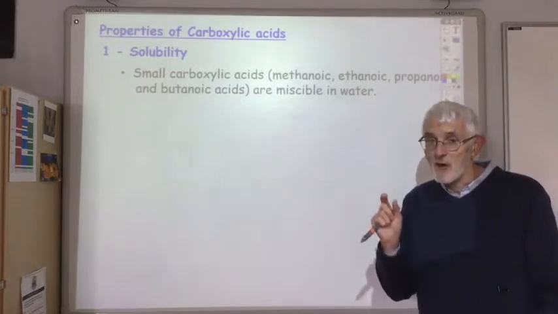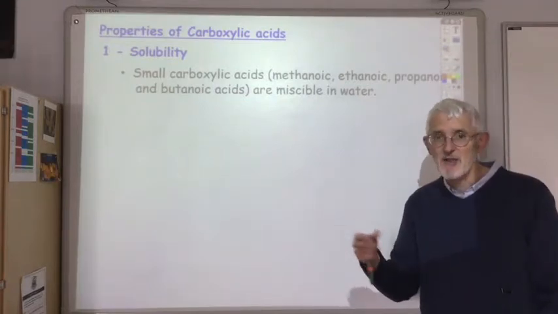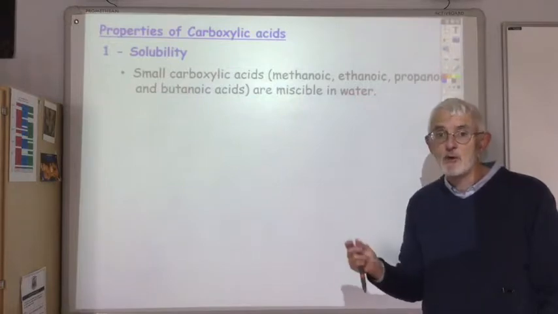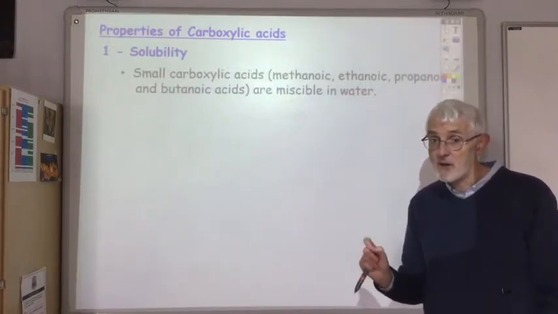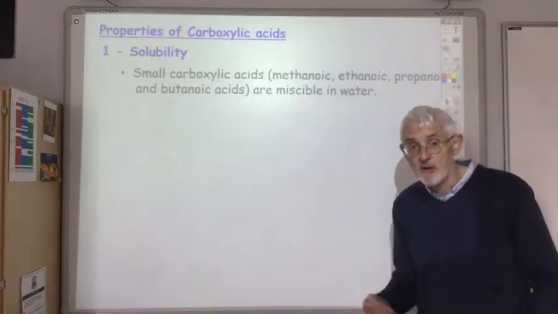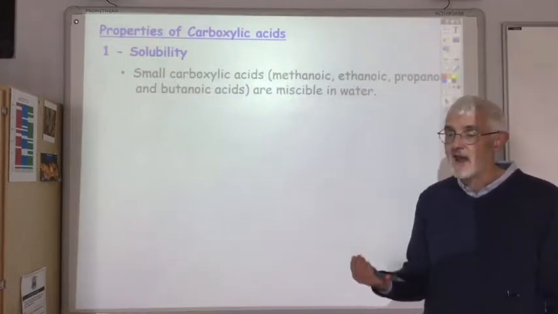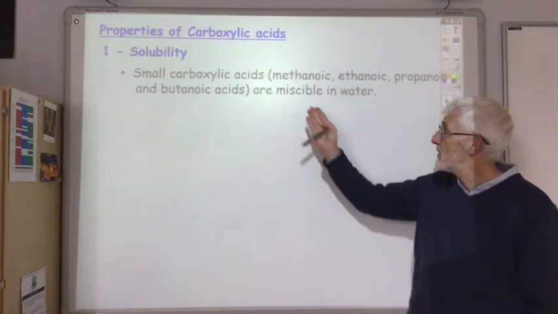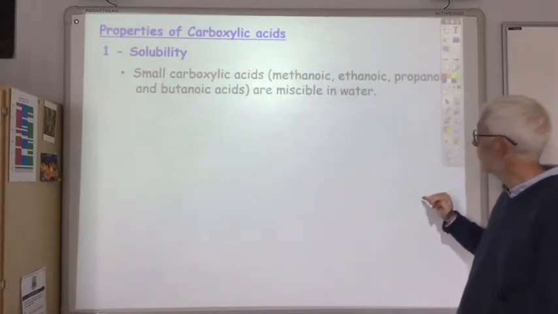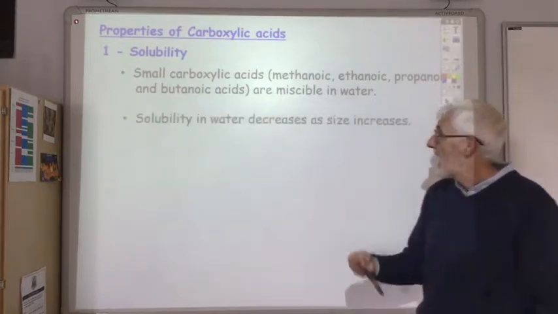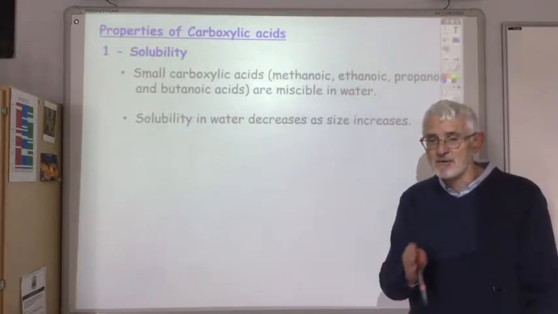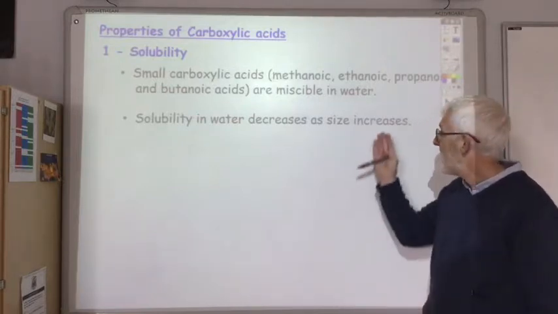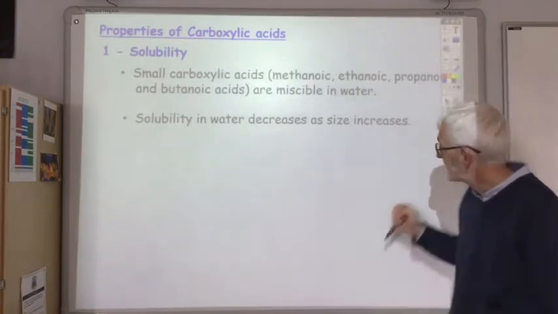The alcohols had that OH group, which is kind of similar to the water, which has 2 OH groups. Now the carboxylic acids also have an OH group, so their solubility is more like the alcohols than the hydrocarbons. So the small ones are soluble or miscible in water, but as the size of the molecule increases and you get more carbons and hydrogens added on, the solubility decreases.